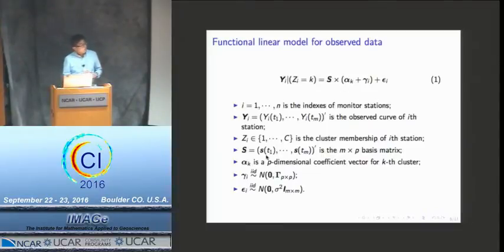Here, in equation 1, you can see we have a capital S. Capital S is a basis matrix generated by the B-spline basis function. Actually, capital S can be different for different stations to allow for missing data in the precipitation observations.